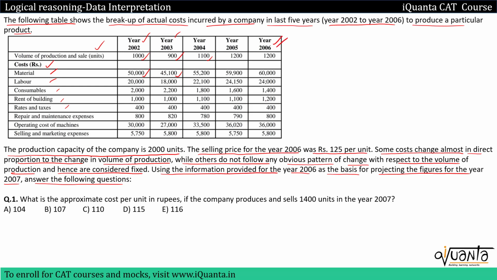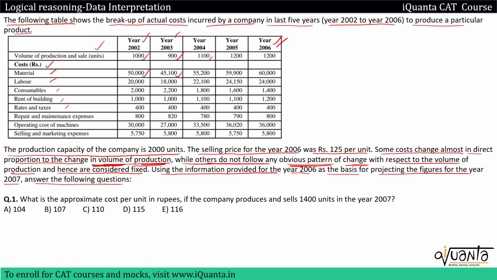We have also been given a very important clue in the question that some costs are changing in direct proportion to the change in volume of production. That means if the volume of production increases, the cost also increases. If the volume of production decreases, the cost also decreases. While some do not follow any obvious pattern of change with respect to the volume of production.